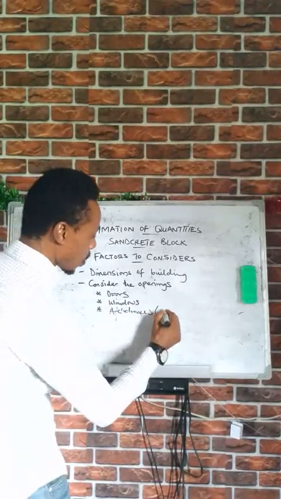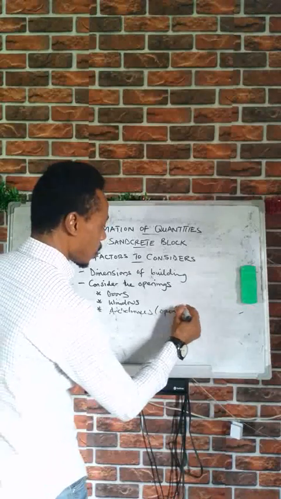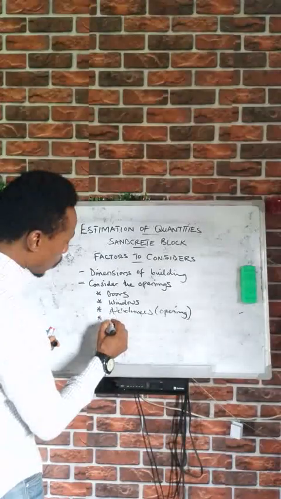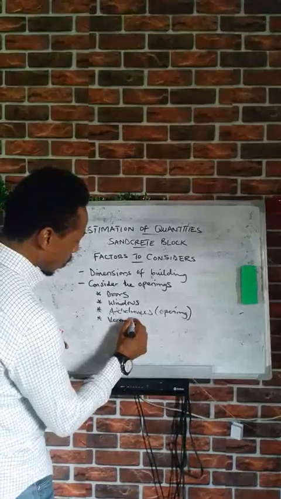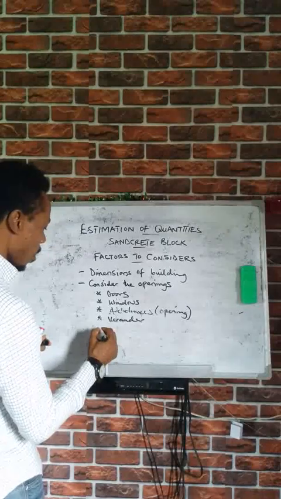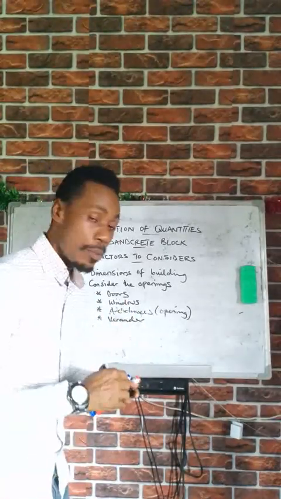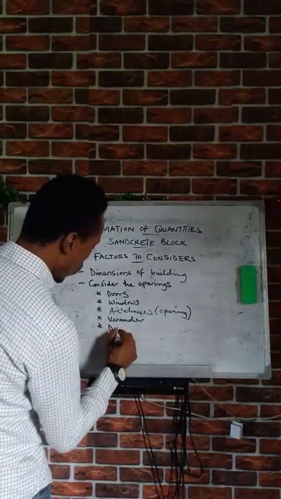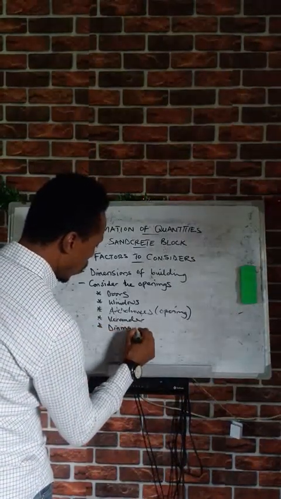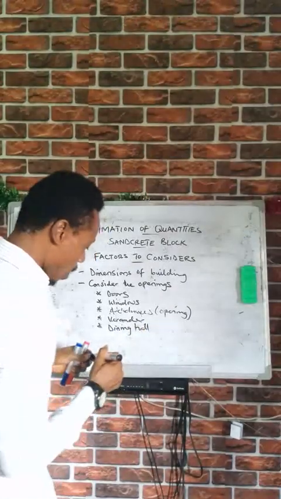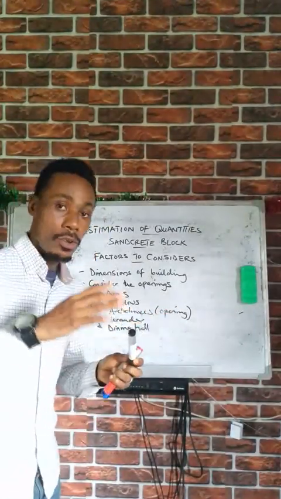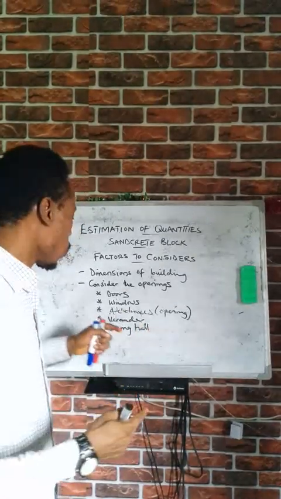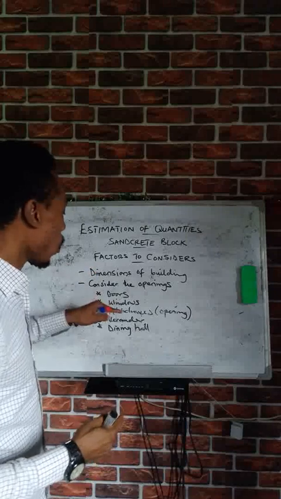Mainly openings like your veranda and some other areas in the building, like your dining hall. Your dining hall has openings, and in those openings there is no block walling, so you must exclude all of those openings.